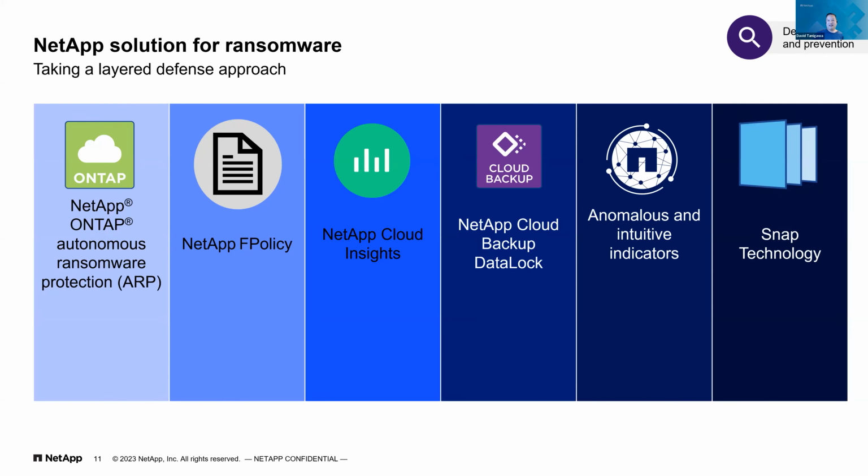Cloud Insights with Cloud Secure is NetApp's own external F-policy solution. It's a SaaS infrastructure and service monitoring solution, which works for on-premises, private cloud, and public cloud environments, including AWS, Azure, and Google Cloud. Cloud Secure is a feature in Cloud Insights, which analyzes data access patterns to identify risks from ransomware attacks.